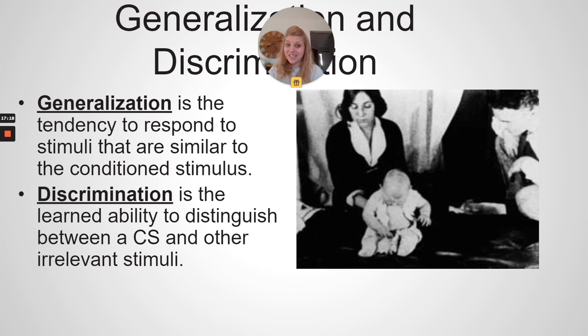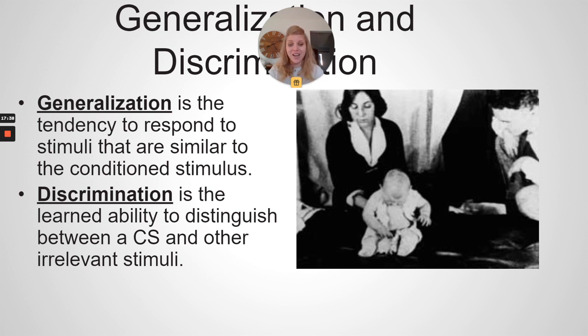However, it didn't end just there. Watson is going to include all kinds of random things that are similar to the white rat. He introduces a white bunny, a white dog, a fur coat, and Albert, in true form, demonstrates that he is scared now of all of these things.